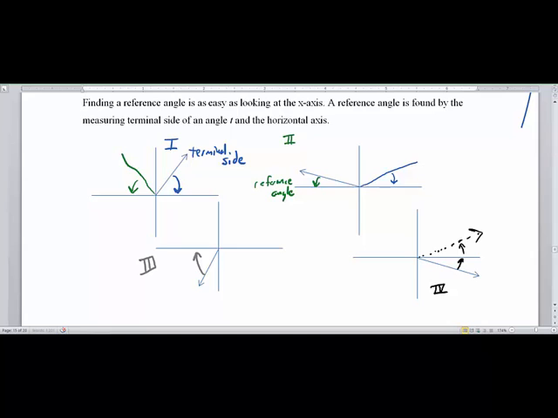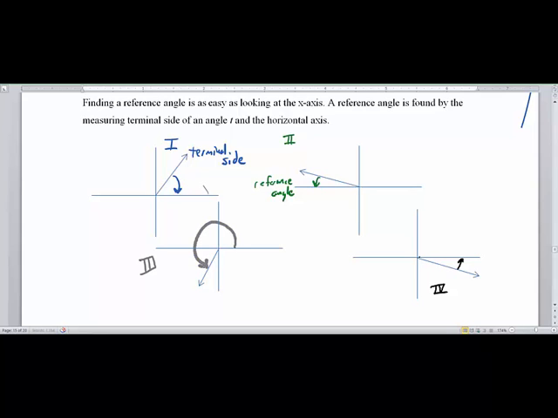Now, the instructions in the actual homework are going to have you identify what quadrant you're in, and I've done so by showing you the 1st, 2nd, 3rd, and 4th quadrants. It will ask you for the size of the reference angle, so even if you traveled more than 180 degrees to get to this, let's say you traveled, I'm going to just show you with this thick pen mark here.